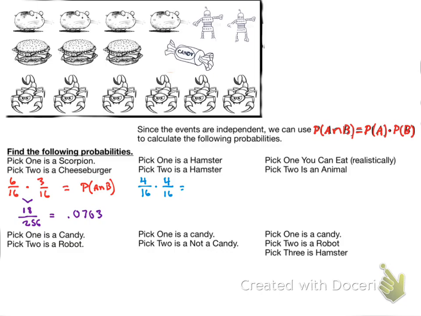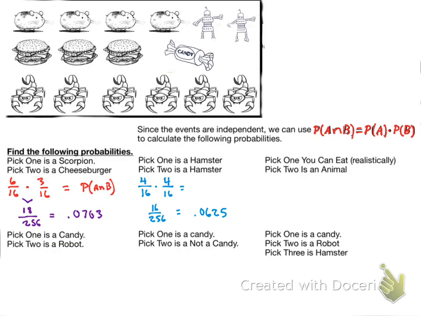That's equal to the probability of A and B. If we simplify this, 4 times 4 is 16, and 16 times 16 is 256. We got that from earlier. So 16 divided by 256 gives us a 0.0625 probability that pick 1 and 2 are hamsters.